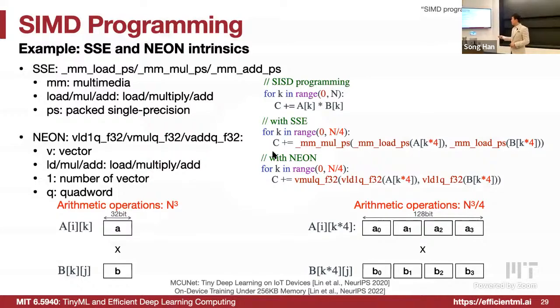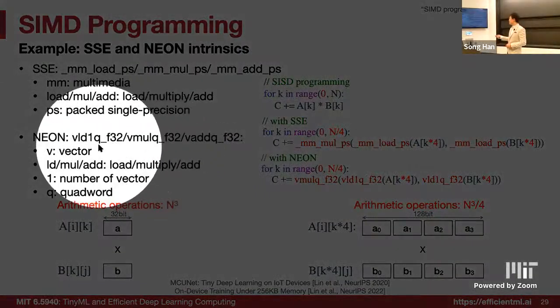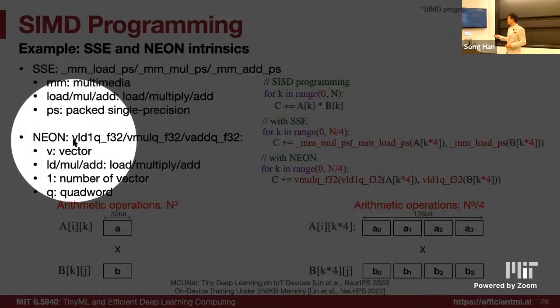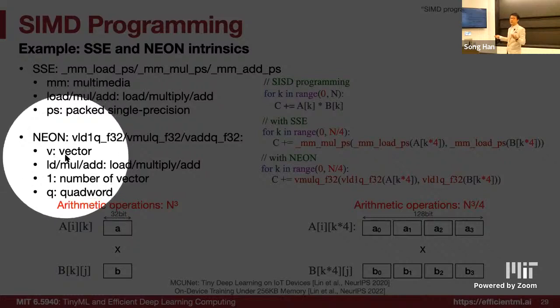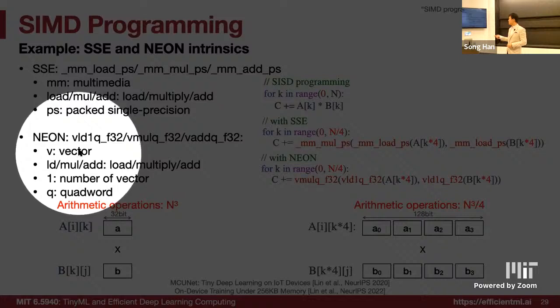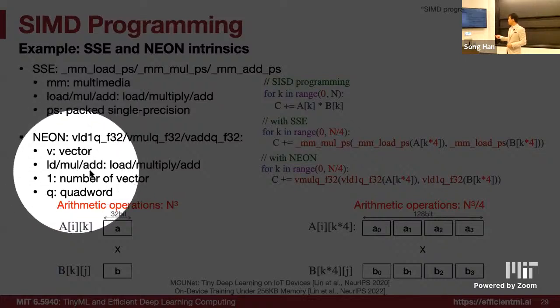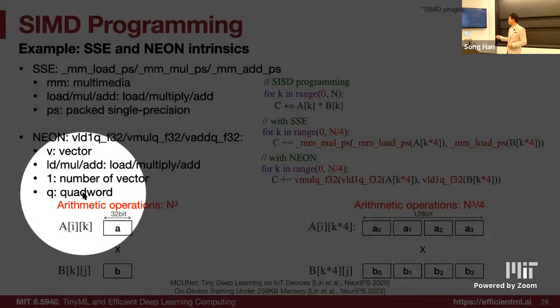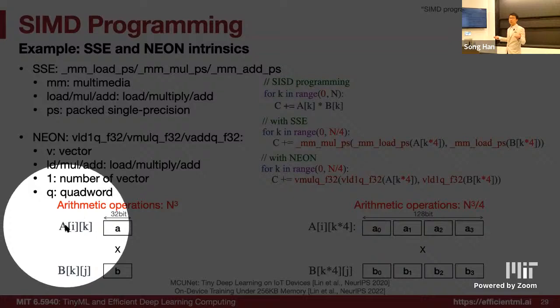On the ARM architecture, we have the same instruction, but the name is different. Here, we load 1Q, where V means vector. It's a vector operation on vector registers. And load, multiply, add. This 1 is the number of the vector, and Q means quad word, meaning every quad means 4, right?